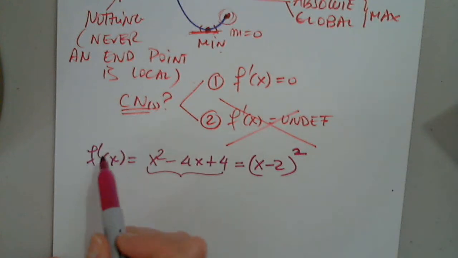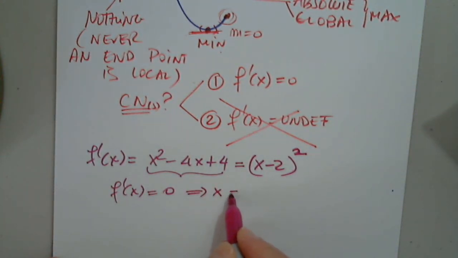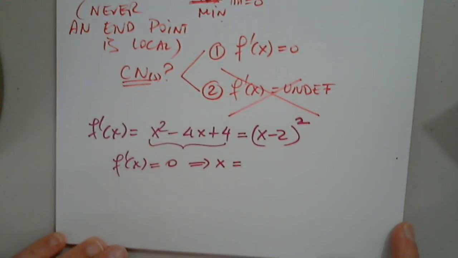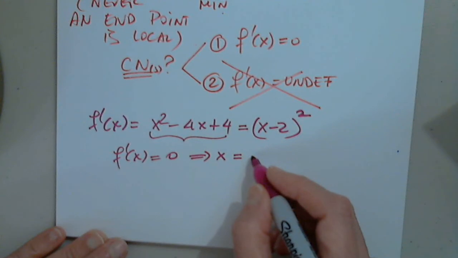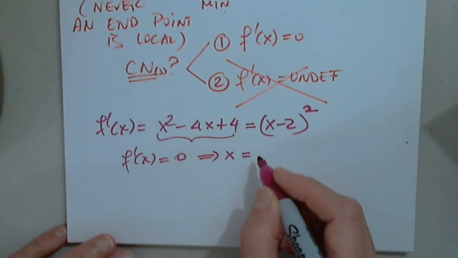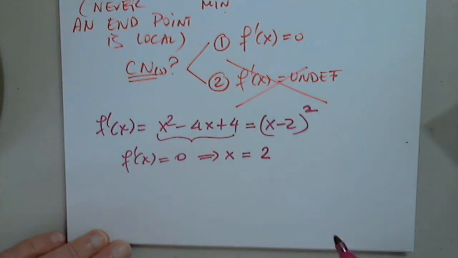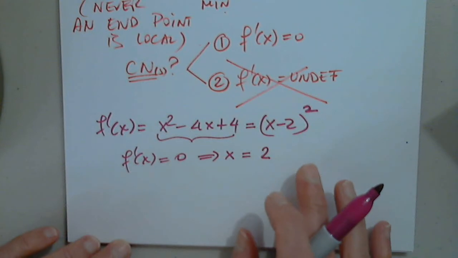Perfect. So now when I set it equal to 0, what do I get for x? Would it be two numbers? Would it be 2 and 2? Correct, but they are the same. Oh, that's right. Exactly.